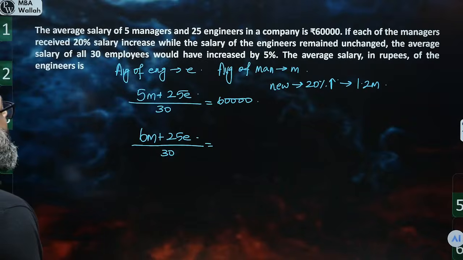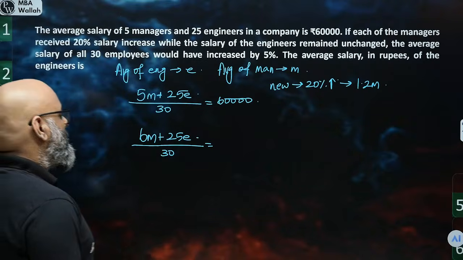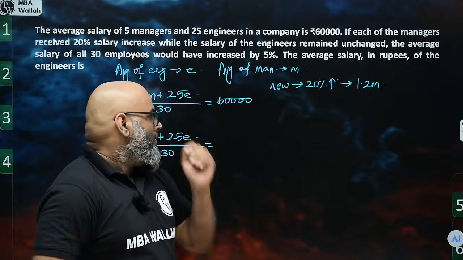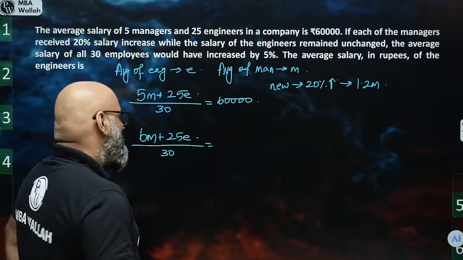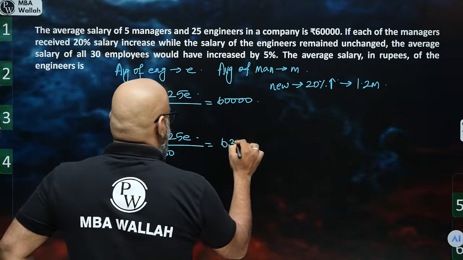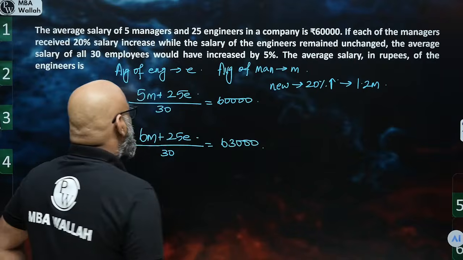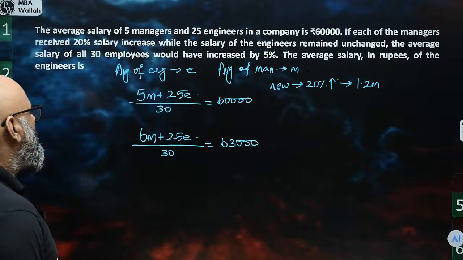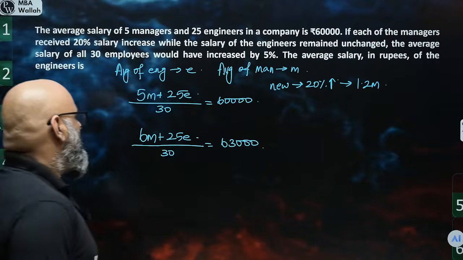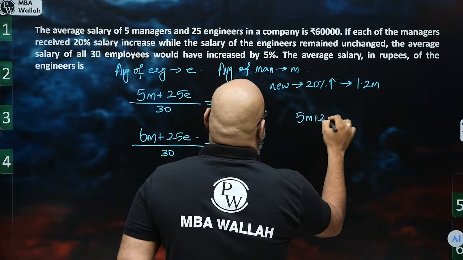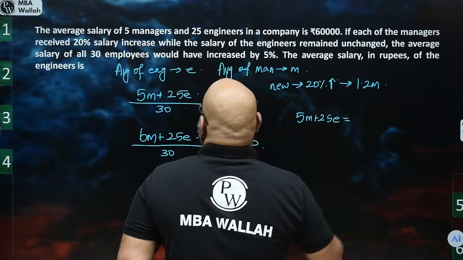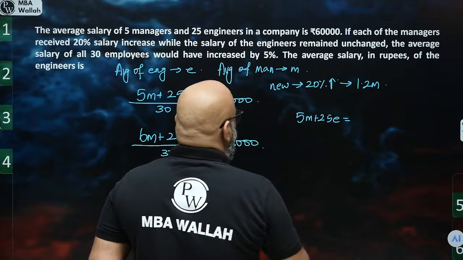Average salary would have increased by 5%. This increases by 5%. 10% is 6,000, 5% is 3,000. So this is 63,000. Right. So cross multiply, you will get 5M plus 25E is equal to 60,000 into 30.